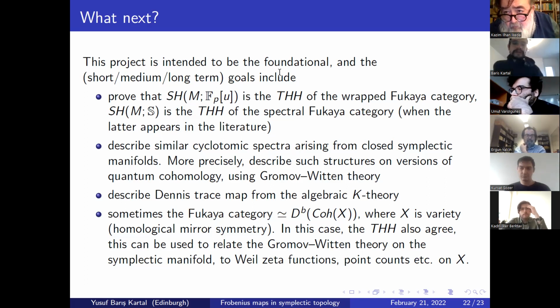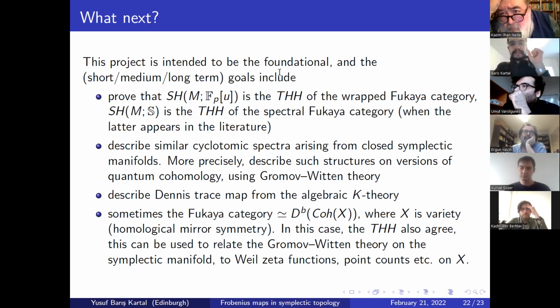Sure, categories always come with some structure relating to DG structures. It's an A-infinity category, so in this sense you can think of it as a non-commutative variety.